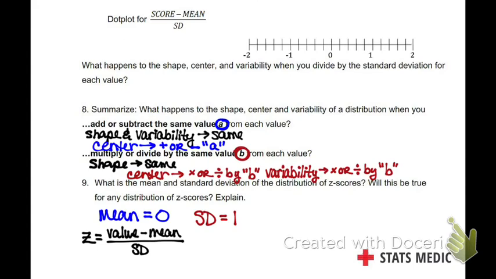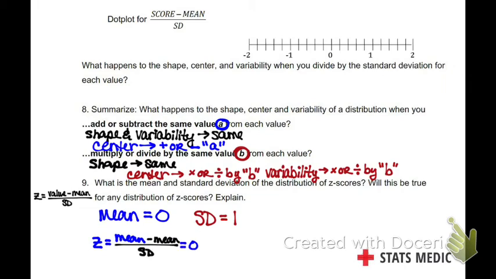So we know our z-value is the value minus the mean, divided by the standard deviation. If I have the mean and I subtract the mean from it and divide by the standard deviation, I'm going to get a value of 0 if my value is the same as the mean.